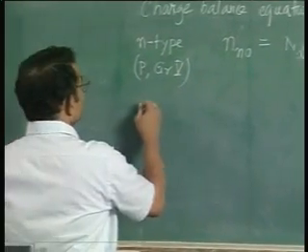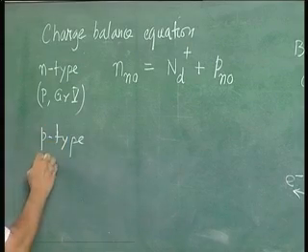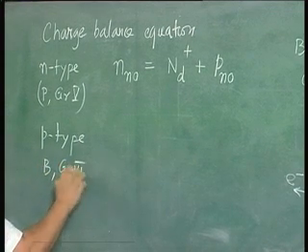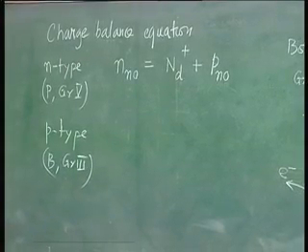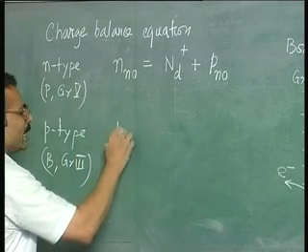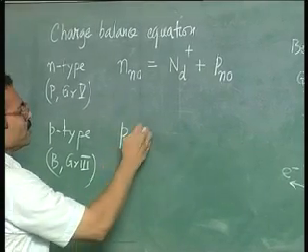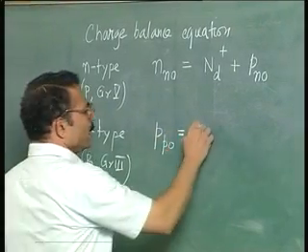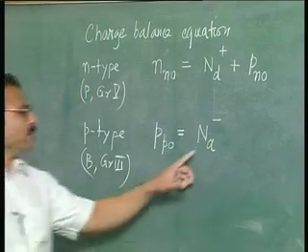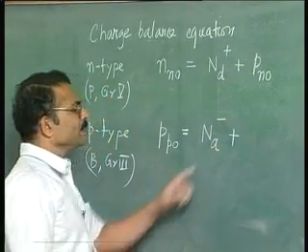You can write a similar equation for p type. So p type, the impurity for example is boron or any other group 3 element. And here what happens? The holes are in a majority, so I will write hole concentration in a p-type semiconductor under equilibrium Pp0 is equal to the ionized acceptor impurity concentration, that is the carriers provided by impurity ionization plus the carriers provided by thermal generation.